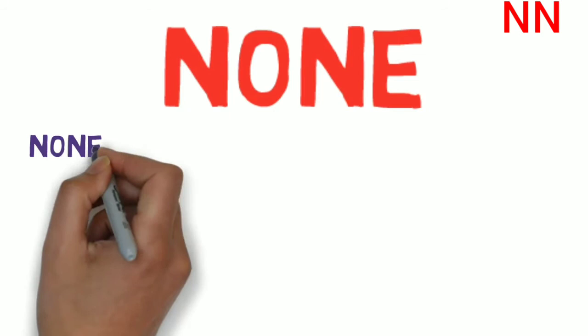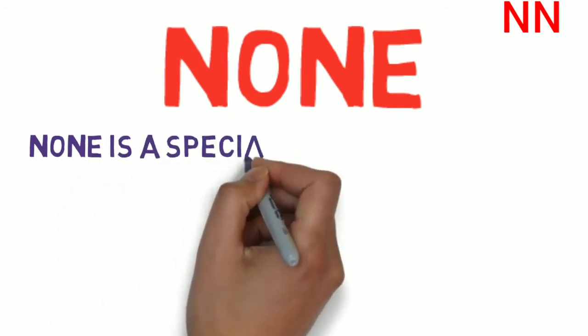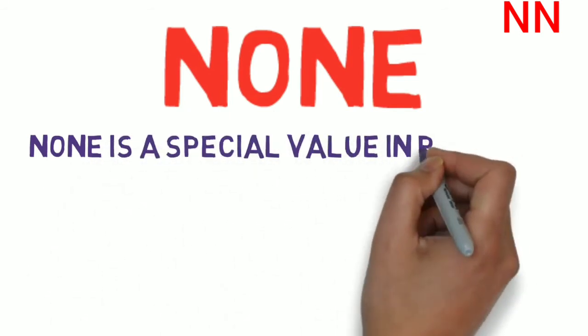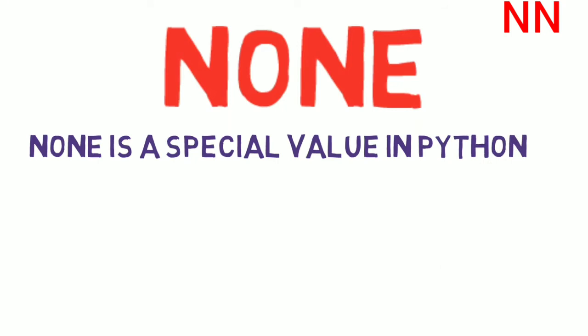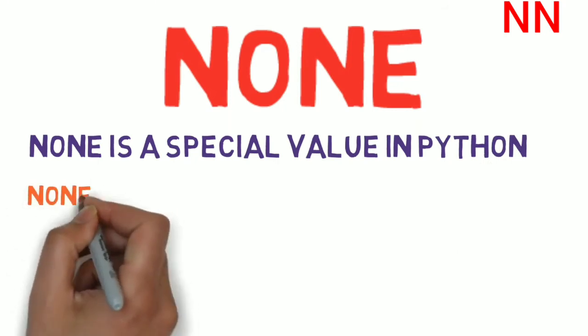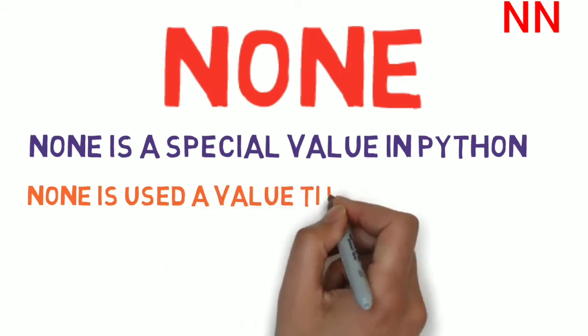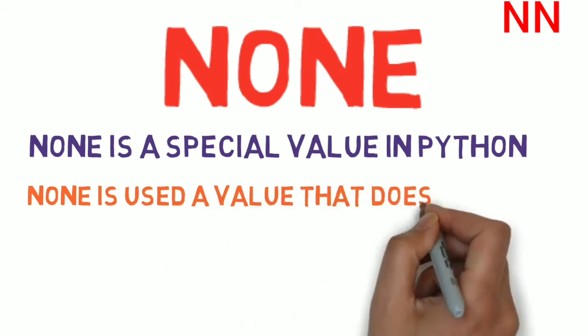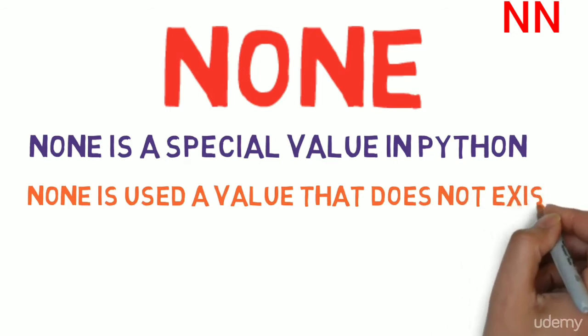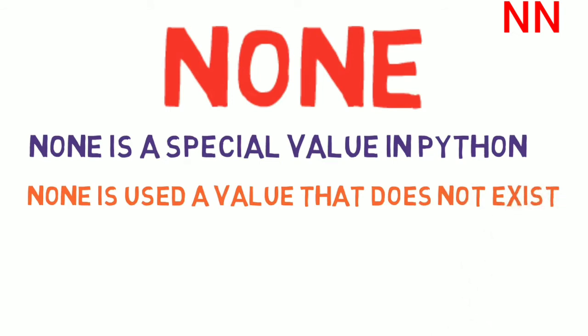None is a special value in Python. None is used for a value that does not exist. Before the user's input is taken in, the value of the variable will be none.